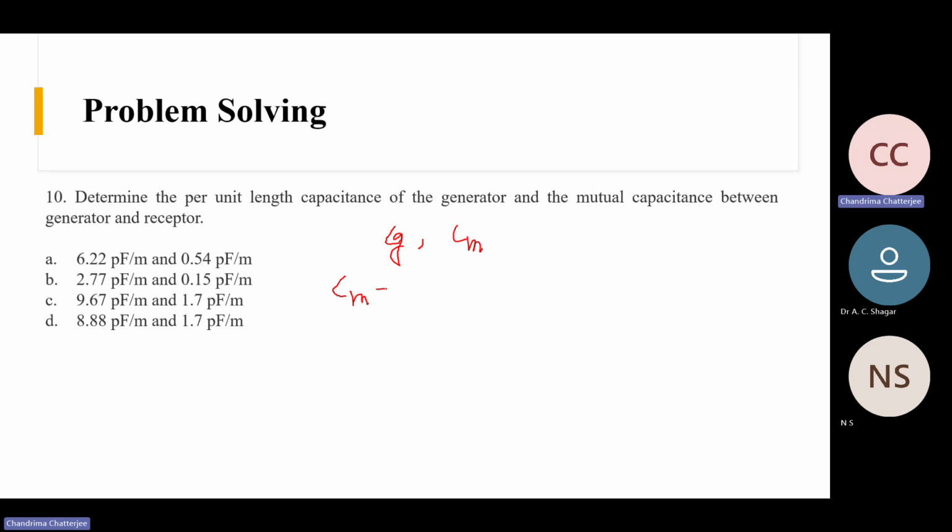We also applied this in the last discussion; last week we solved how to find CG and CM. Once you know LG and LM, you can easily find out CM and CG. This is LG, LR minus LM square.